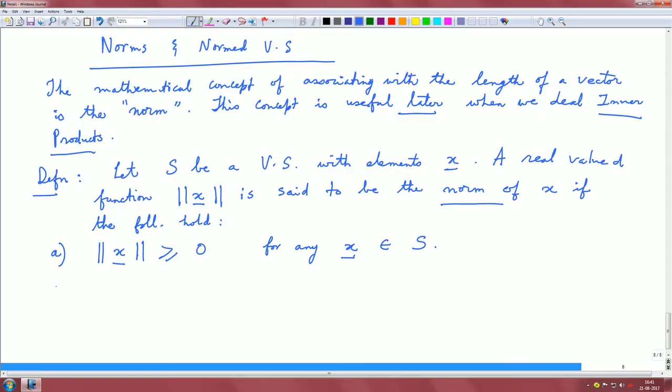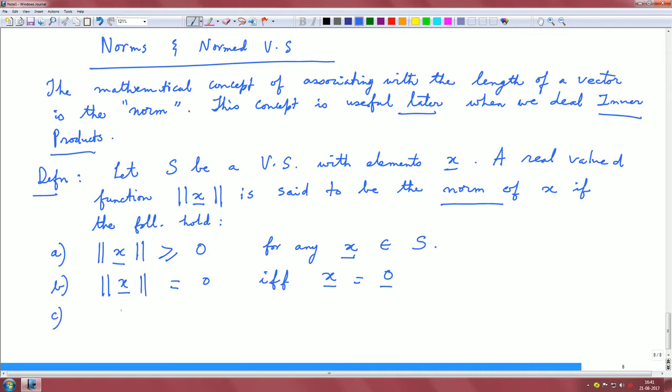Therefore the norm has to be greater than or equal to 0. Norm of x is equal to 0 if and only if x is 0, it is a null. If it is a null then this length is 0, else it has some length.